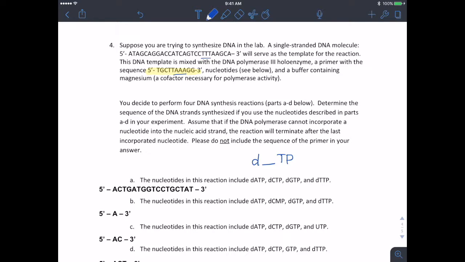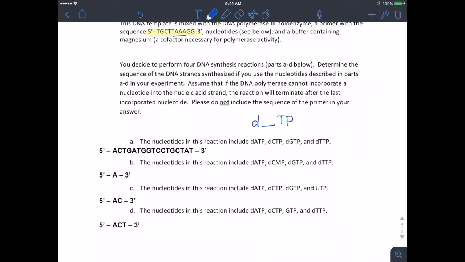And so you're able to distinguish that this primer is going to fit right here, and you can see those complementary base pairs. So we know that we need to start synthesizing DNA right on this T base.